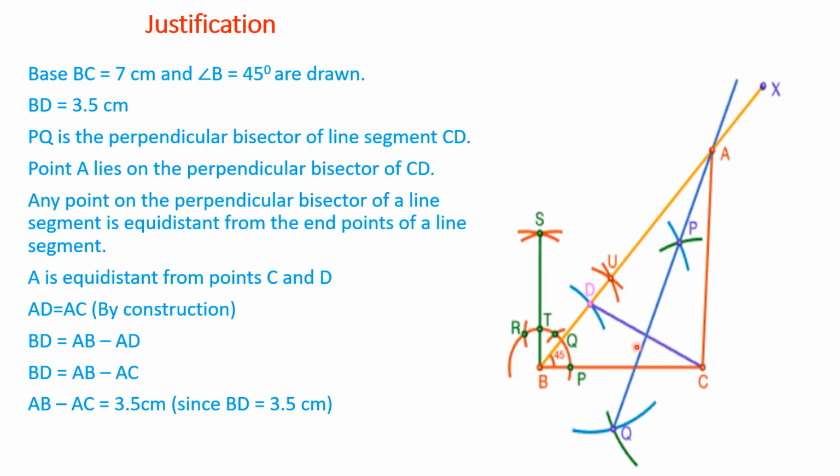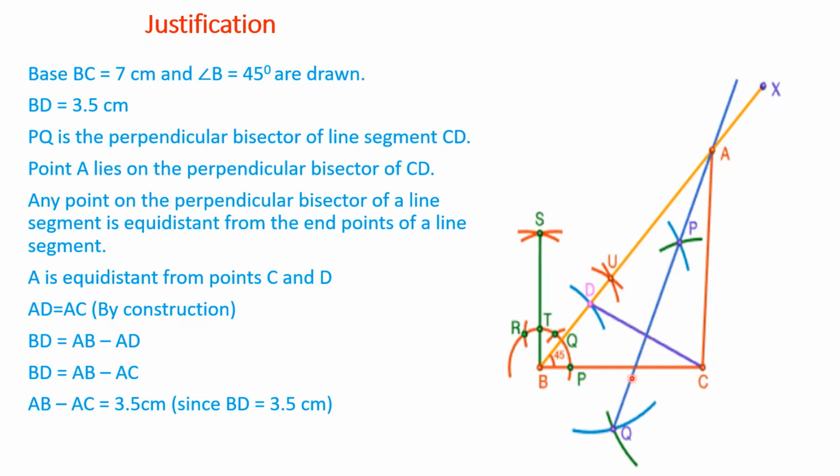It is a line that passes through the midpoint of the line segment which it bisects and intersects it at 90 degrees. So PQ is here the perpendicular bisector.